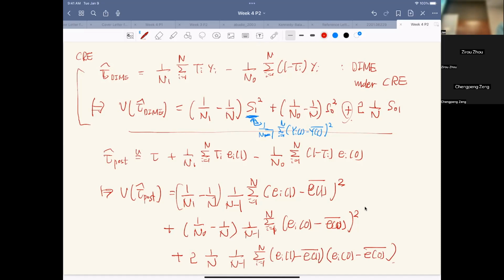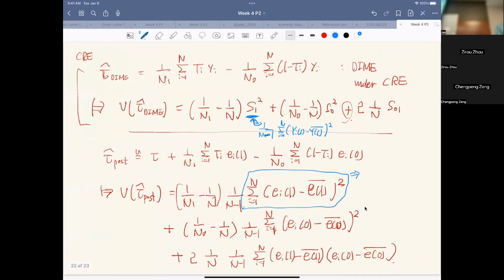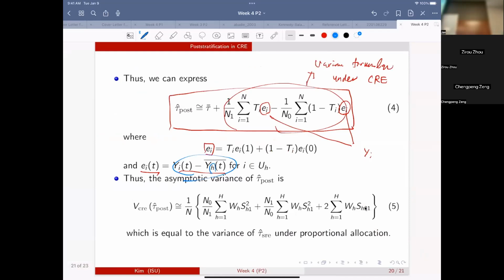And then you can see that, for example, what is this? Using this definition, it is yi(1) minus y h bar 1. But this h is a mean, the stratum mean.